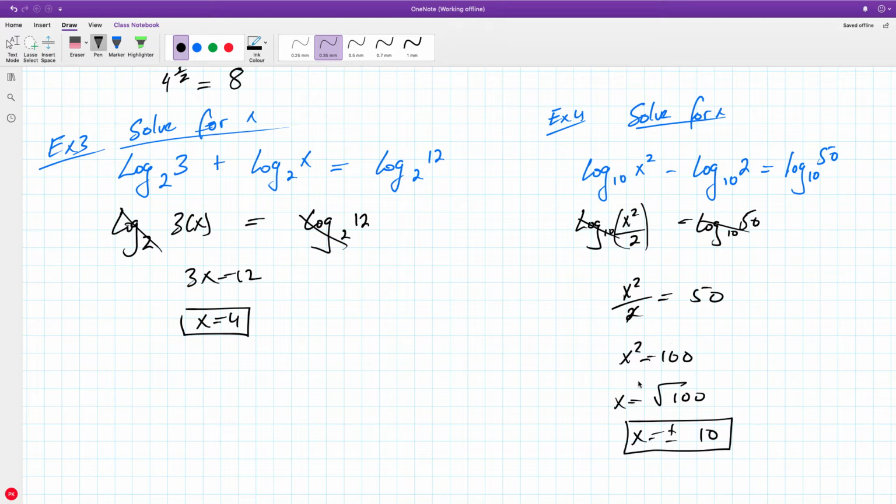Check it. You must check it with logs. The reason for that is, I know the rule with logs: you can't have a negative log.